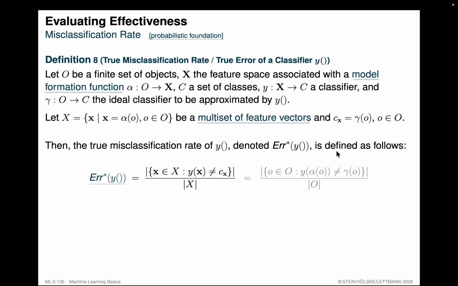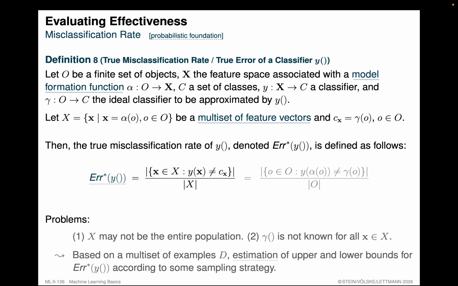Same, we could translate this using the object notation. The problem that we have is we do not know the entire population, therefore we do not know all feature vectors. And even if we knew all possible feature vectors of the entire population, we don't have access to the ideal target function, and therefore cannot know all of their classes.